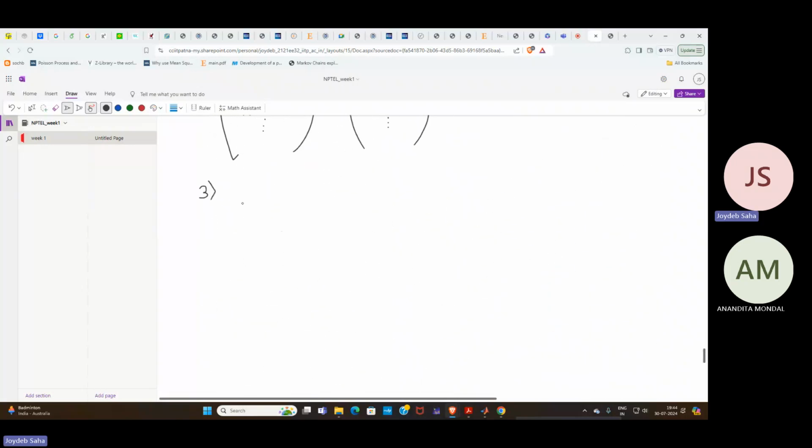Now if there is a set, let us assume this is set S, which is A union B. The question is whether set S is countably infinite.